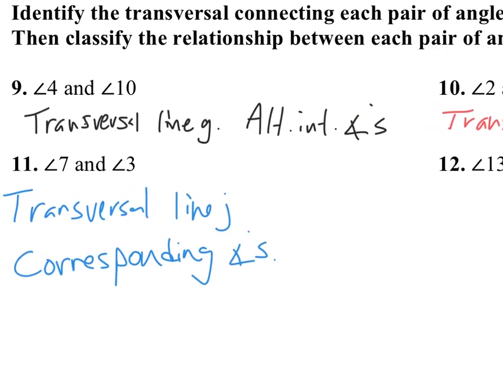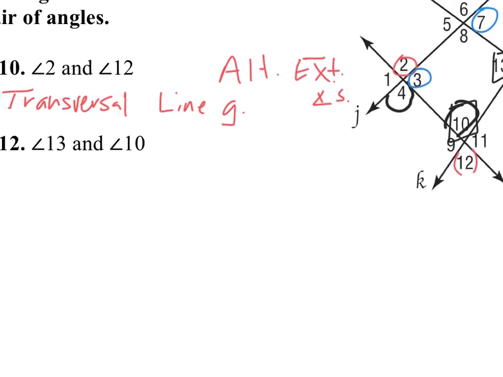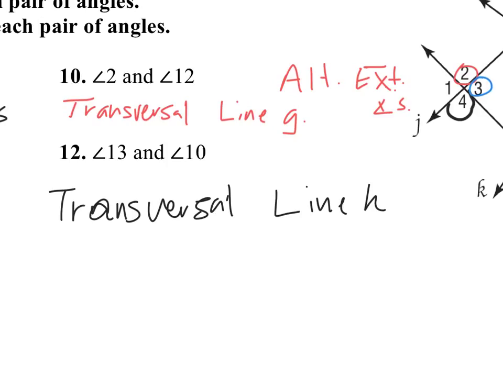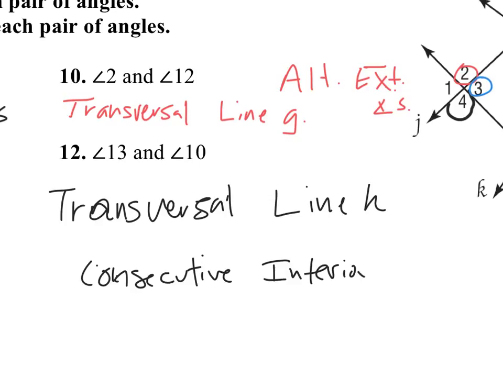So I want to write that our transversal is line K, and these are consecutive interior. You could also call those same side interior as well.